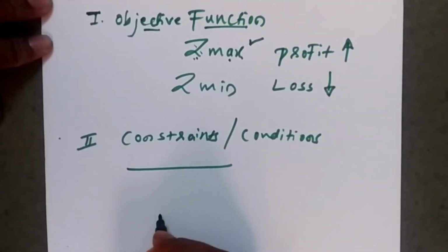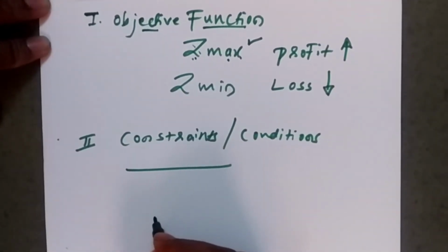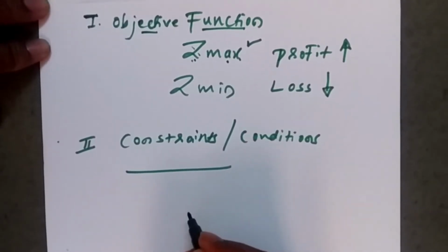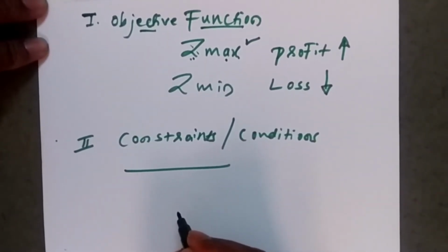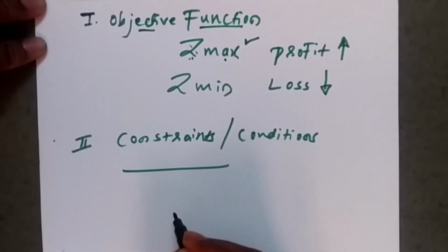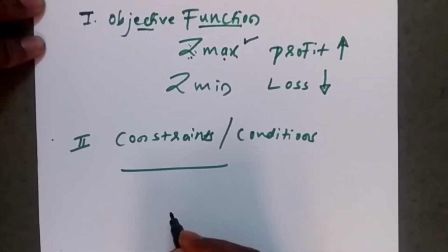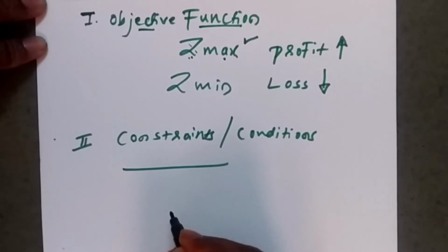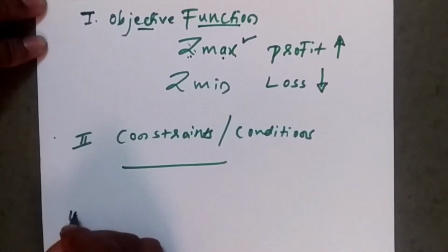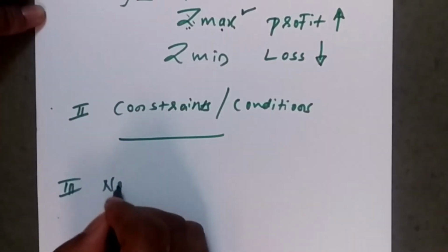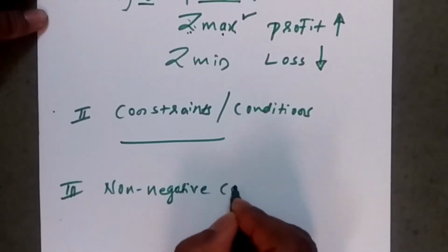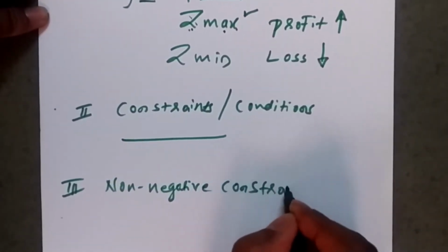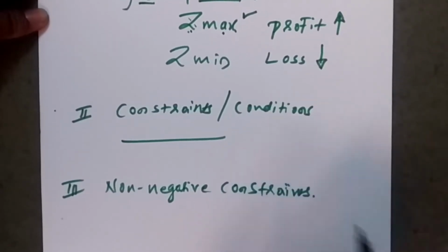Constraints may be given with respect to machines, labor, time, whatever is given in the problem. So we should read the problem carefully and convert those sentences into constraints. That is the most vital part in formulating the LPP problem. And the last one is the non-negative constraints. Depending upon the variables, we should define these.